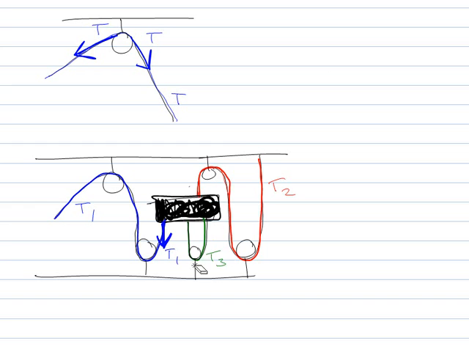And this guy's pulling up, say, with a tension of T2. And then, of course, the mass itself has a weight of mg. So that's kind of what we're looking at in drawing these free body diagrams.